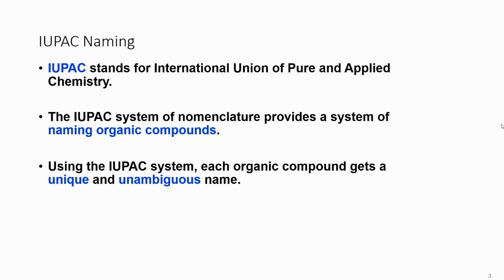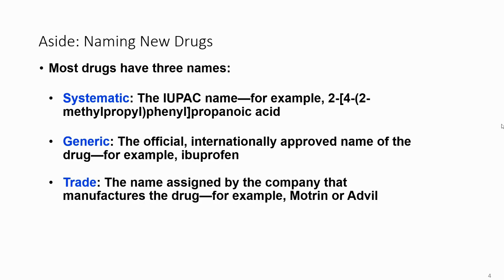Okay, so these are just some definitions so that you know what we're talking about when we say IUPAC. So here's an example. This is a drug. The IUPAC name would be 2-(4-methylpropyl)phenyl propionic acid. Ours probably won't get this complicated.